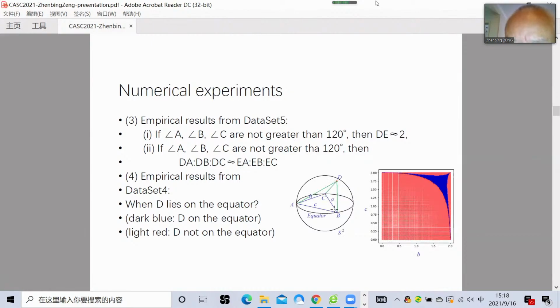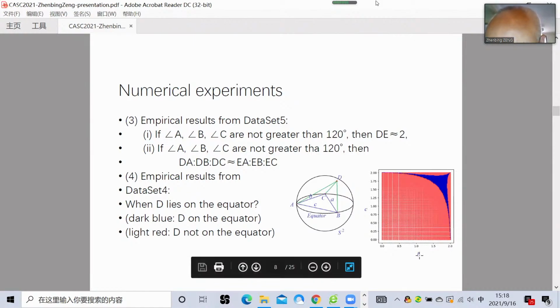If this sum is minimal, then it depends on the position of A, B, C. Sometimes D is on the surface part of the hemisphere, and sometimes D is simply lying on this equator. So here I draw a picture.